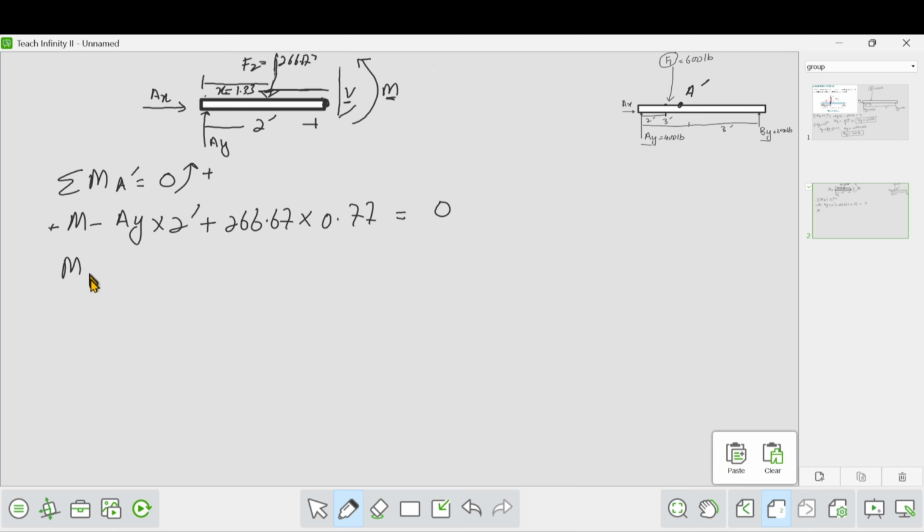So the moment M at this point will equal AY, which is 400, multiplied by 2, negative 266.67 multiplied by 0.77. So the moment will equal 800 negative, if I calculate it, 266.67 multiplied by 0.77, it is 205.33.